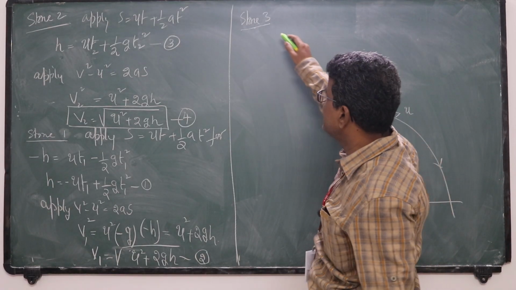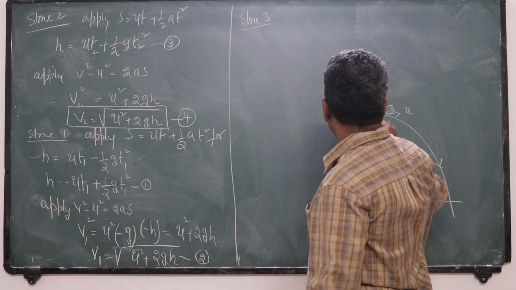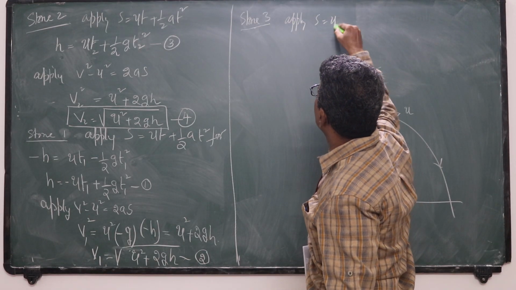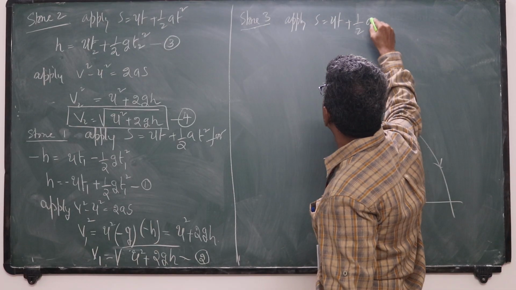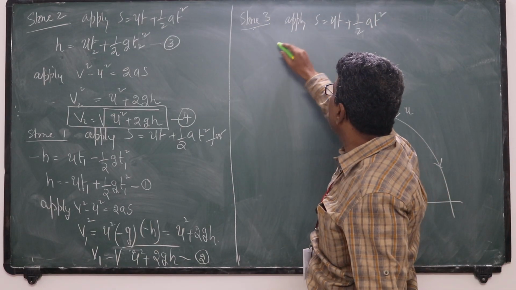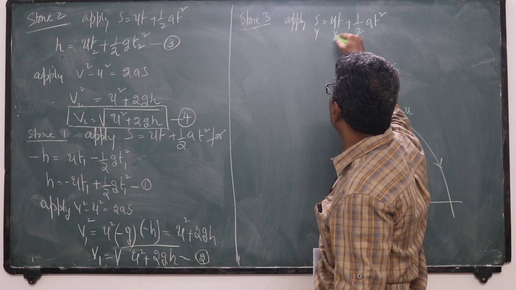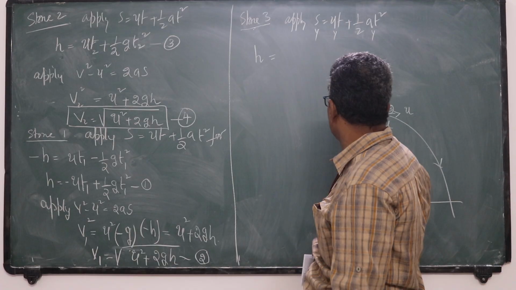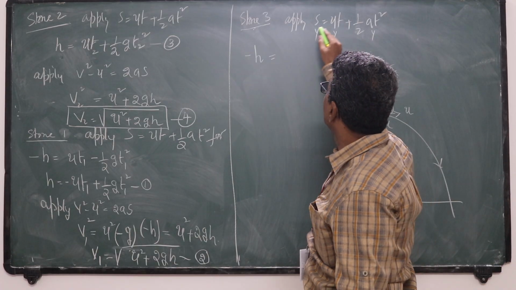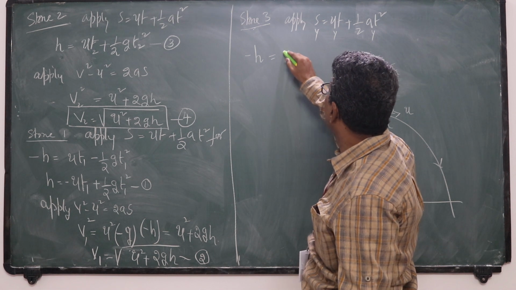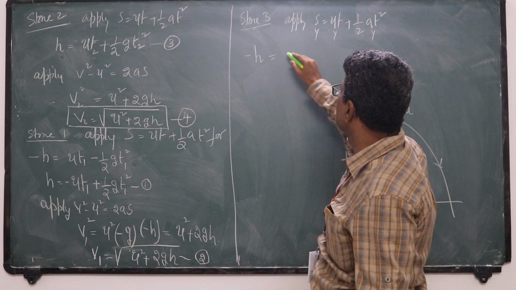You apply s is equal to ut plus half at square for stone 3. Displacement is in the vertical direction, so you apply it in the vertical direction. Initial horizontal velocity is 0. Initial vertical velocity is 0.